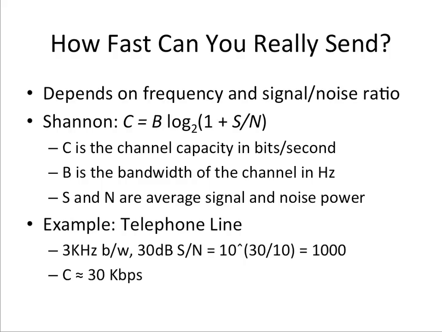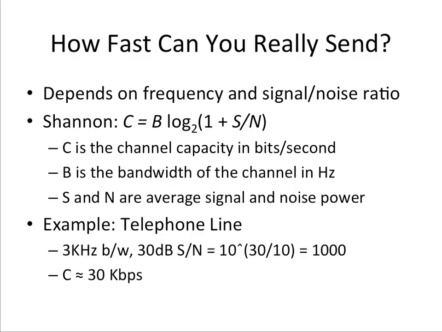You don't need to remember this formula, by the way. This is just showing, for example, if you have a channel with high bandwidth, you'll be able to send more information. We can just look at the proportionality. If the signal to noise ratio is high, can we send more information or less information for a given bandwidth?